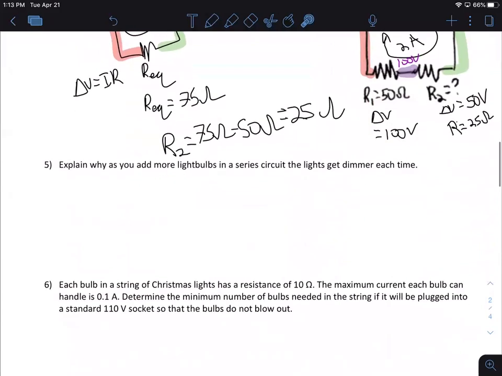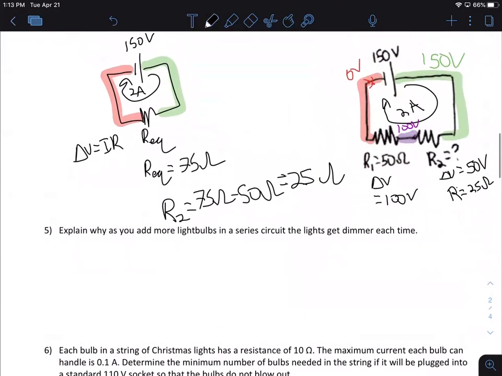Meanwhile, you add more light bulbs in a series circuit, the lights get dimmer every time. Well, the potential difference is not changing. If I just have a light bulb and I'm keeping the battery or whatever my potential source the same, as I add light bulbs, I'm adding resistors, or bulbs, which gives me more overall resistance.